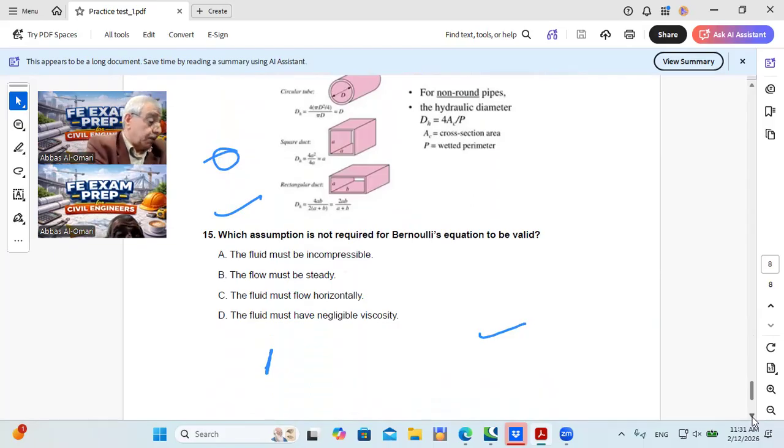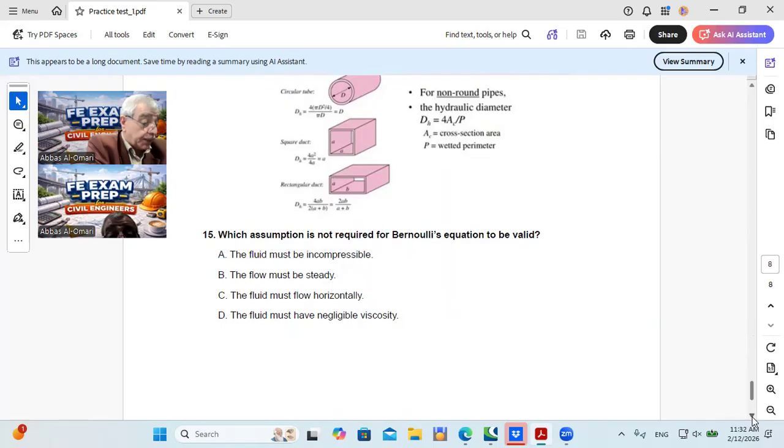Now, Bernoulli equation is applicable to inviscid, incompressible, steady flow. So the flow has to be incompressible. This is correct.